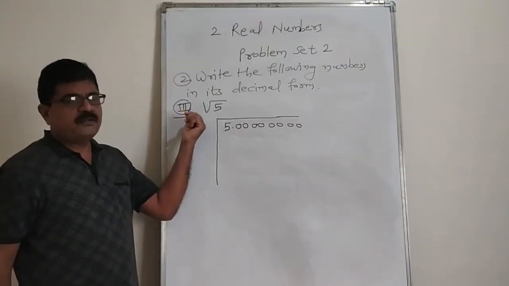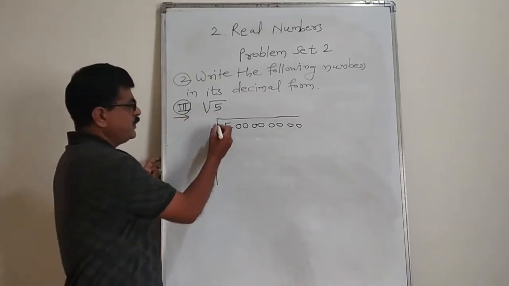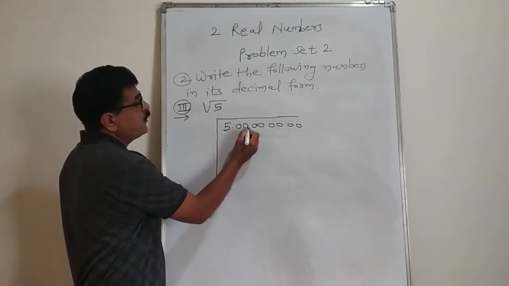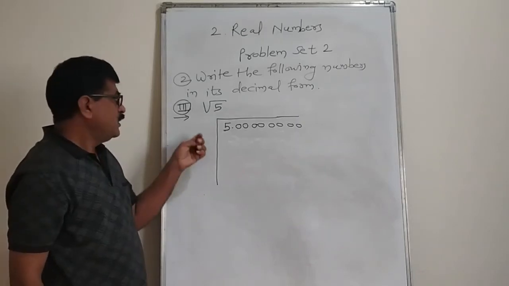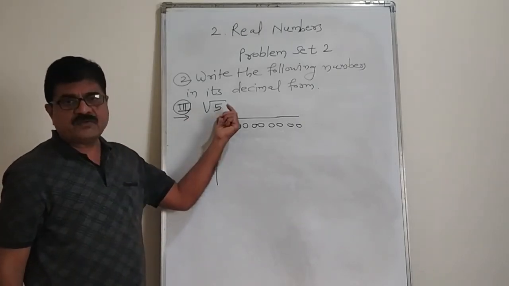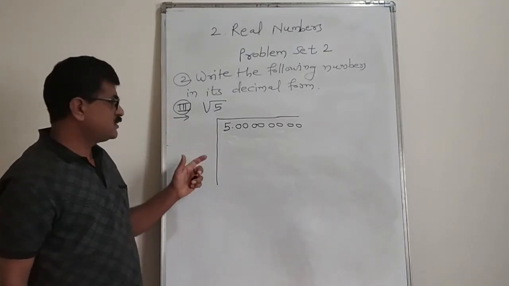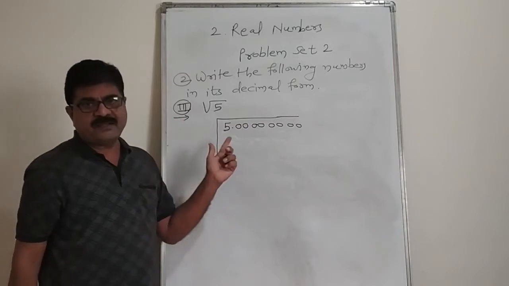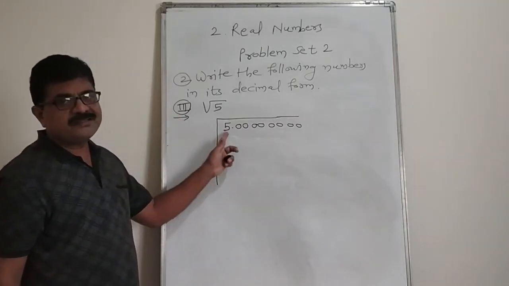Now next, question number 3, square root 5. Now square root 5 is written as, write down the 5 as 5.000000 like this. Now we have to find its square root. Therefore take a number which multiplied by itself gives less than 5.